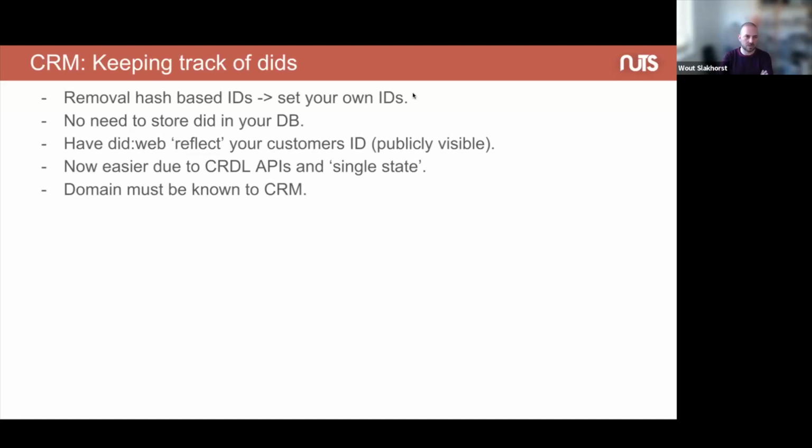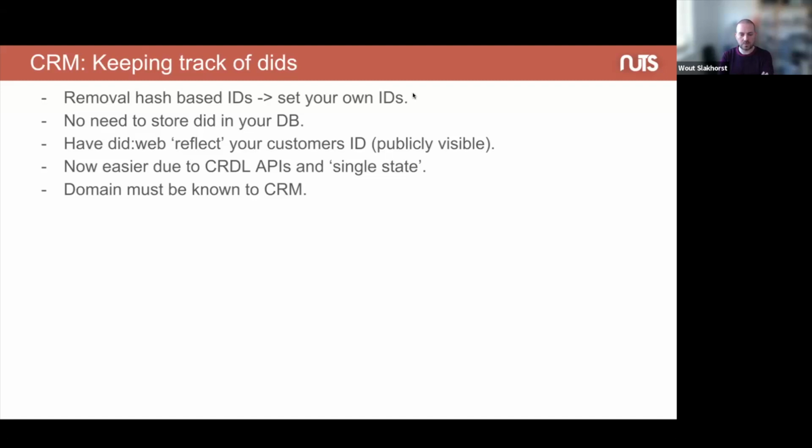You can set your own identifiers, which could mean that you do not have to store the entire DID in your own database. You can just say, okay, I created a DID based on my own functional identifier, and used it together with the domain you specified. I can auto-generate it for all my customers.